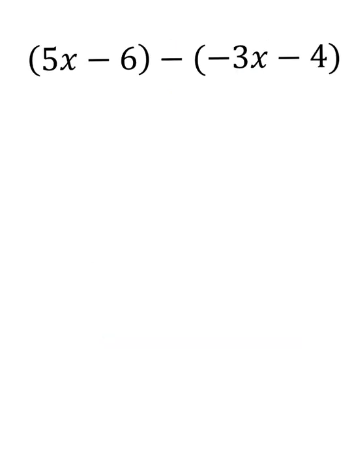Okay, so with this one, again, we're going to take care of making everything addition. So when I write this out, I'm going to have 5x plus negative 6. And then this is subtraction of negative 3x plus negative 4.